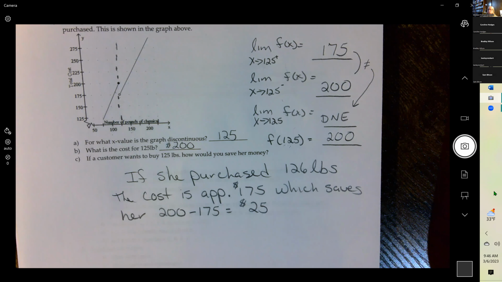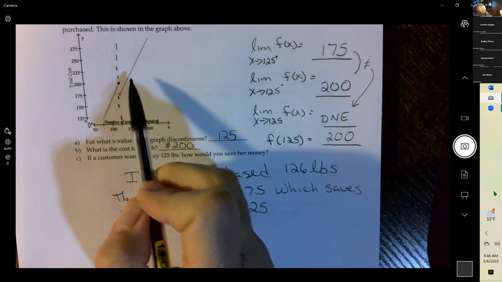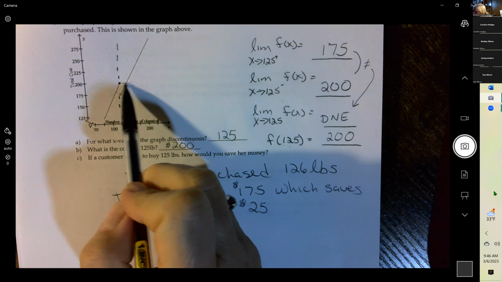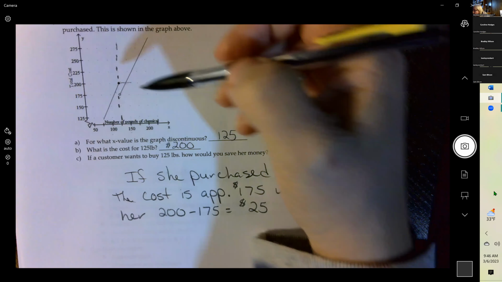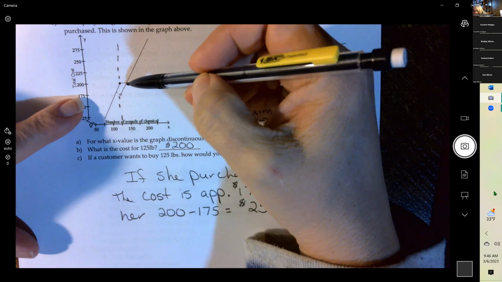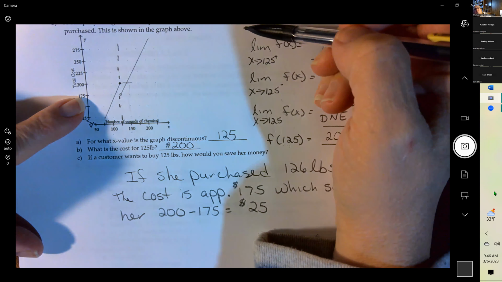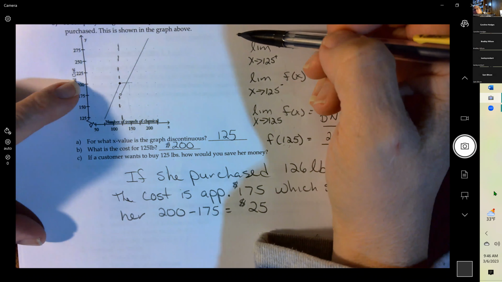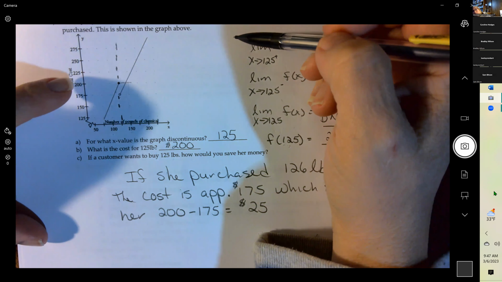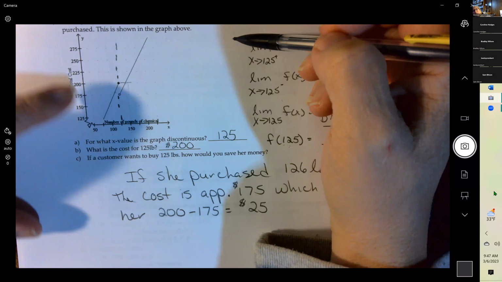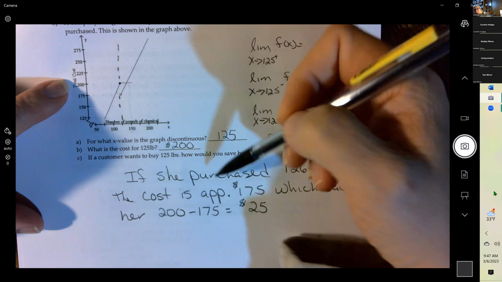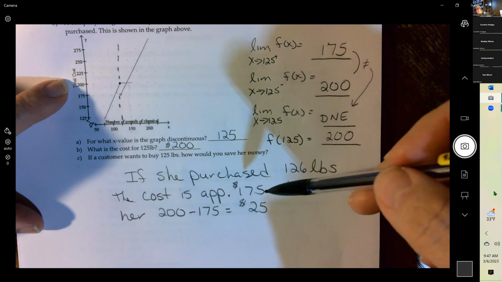The other thing you could tell her, notice if we go across here, for $200, she could also get 150 pounds. So she could either get 150 pounds for 200 or 126 pounds for 175.